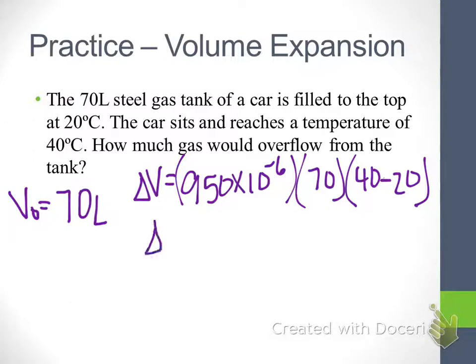What was your coefficient? 950, for gasoline. Did we get about 1.33 liters? Yeah? Okay.